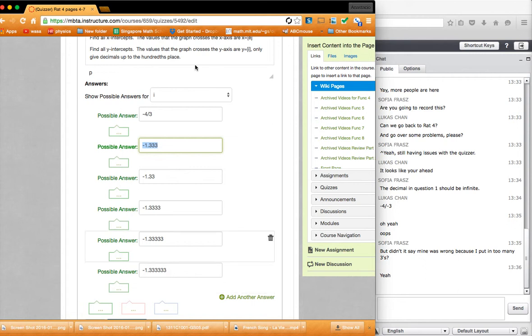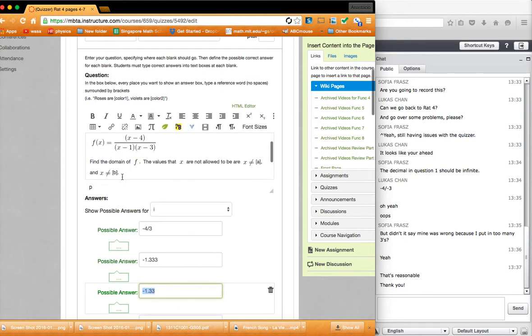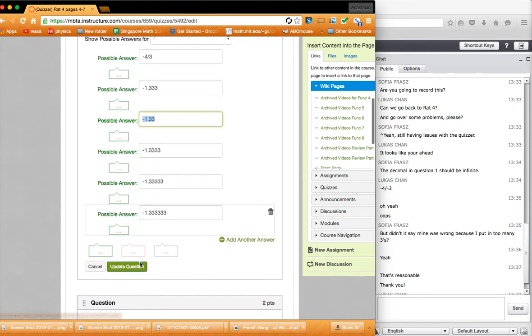Now that I added only give decimals up to the hundredths place, technically this is the only right answer, but I'll take everything else. Does that make sense? So you didn't get it wrong. Your concept wasn't wrong. It was just a sloppy way of grading it, but I didn't think of a better way to do it. Thank you for pointing it out, though.